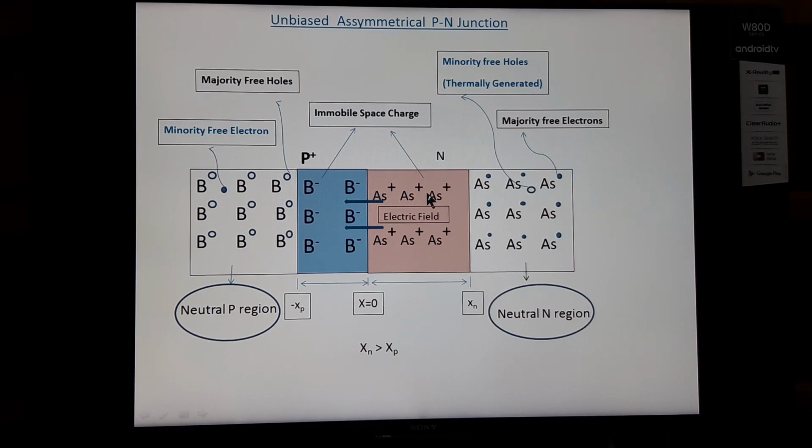Here, for example, all the arsenic dopant atoms become positively charged and the boron dopant atoms become negatively charged, and due to the electrostatic interaction between the two charges, we get an electric field and a potential difference.